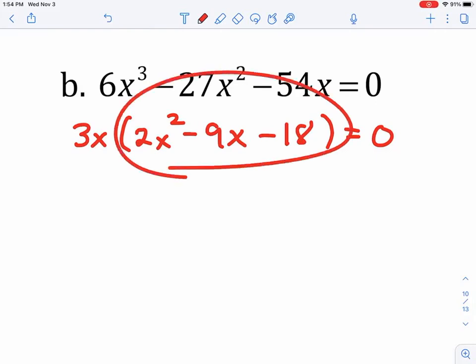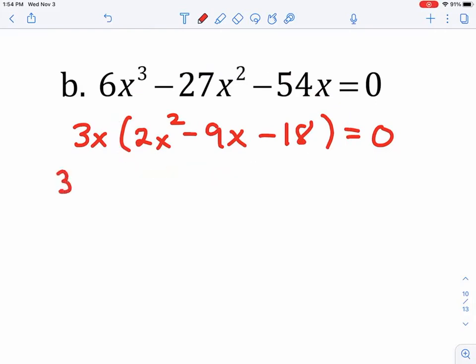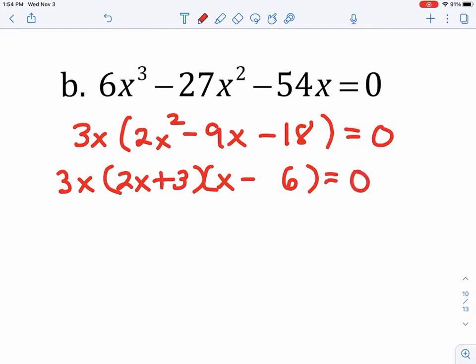Now I have to factor this thing. So let's see, I have 2x and x. And if I did 6 and 3, I think that's going to work if I have negative 12x and positive 3x. So it looks like it factors into 2x plus 3 times x minus 6.